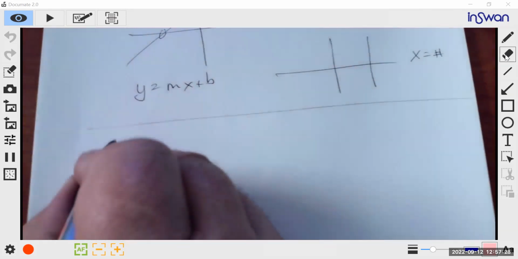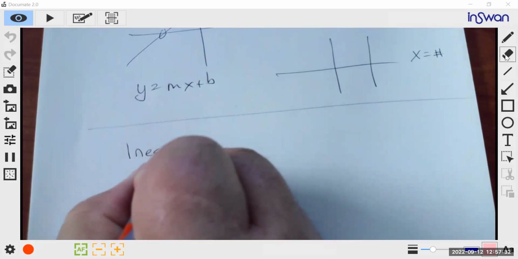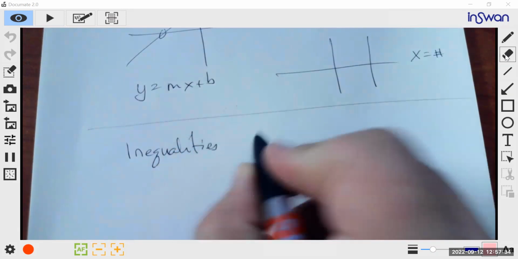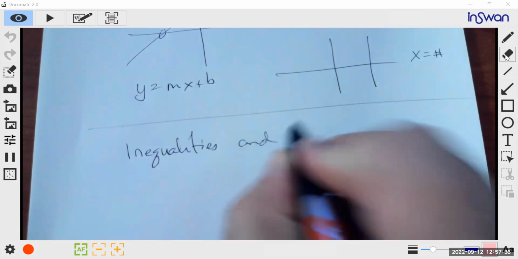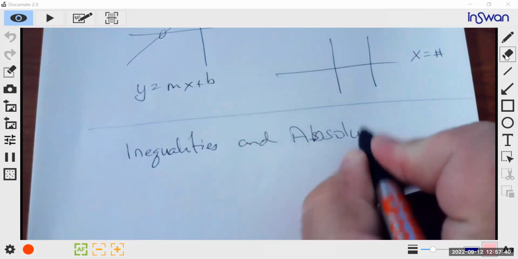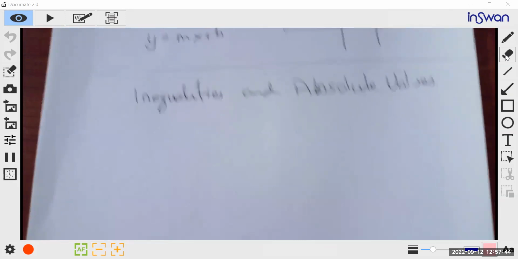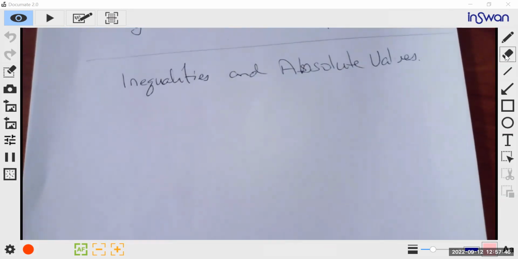Okay, today we're going to look at inequalities and absolute values and their graphs.